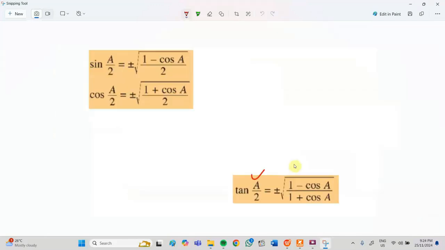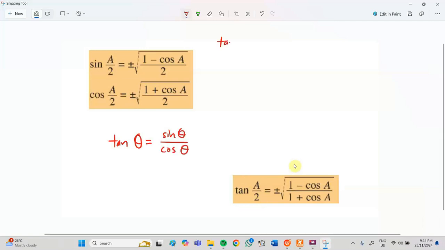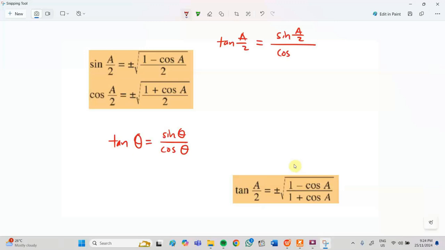Third one, tangent a over 2, is slightly different because you are now going to use sine a over 2 and cosine a over 2 instead to get tangent. So the basic concept here is tangent theta is always equal to sine theta over cosine theta. So to get tangent a over 2, we can write this as sine a over 2 over cosine a over 2.